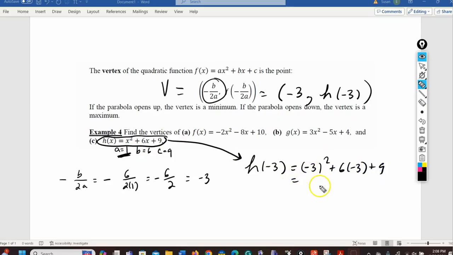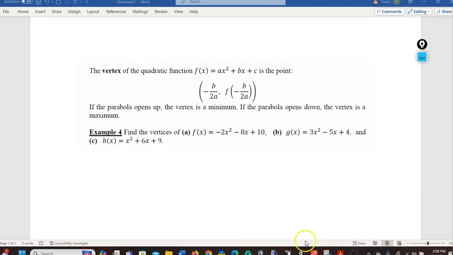Now, negative 3 all squared is positive 9. This is why you cannot leave out the parentheses or you're going to get the wrong answer. Then I have minus 18 and then plus 9, and that turns out to be 0. So my vertex is the point negative 3, 0.